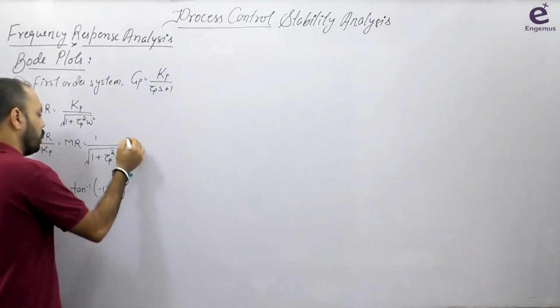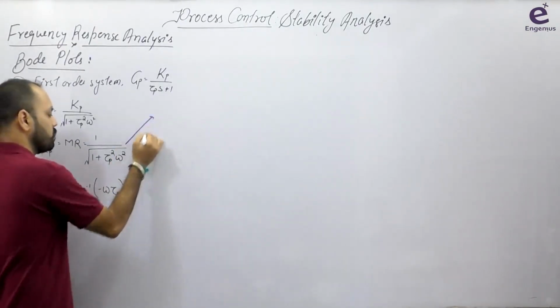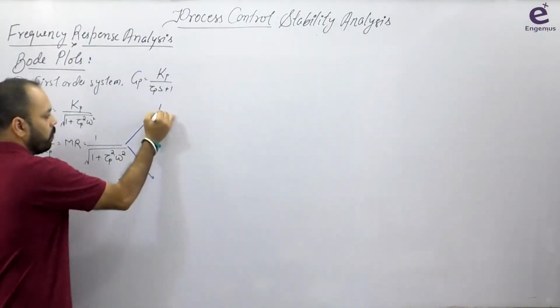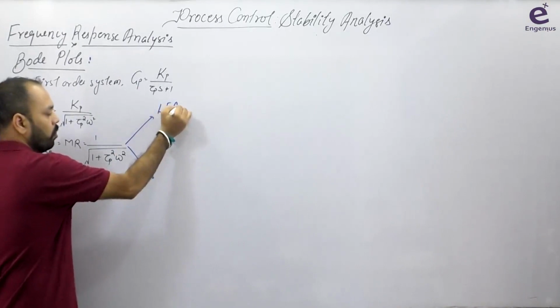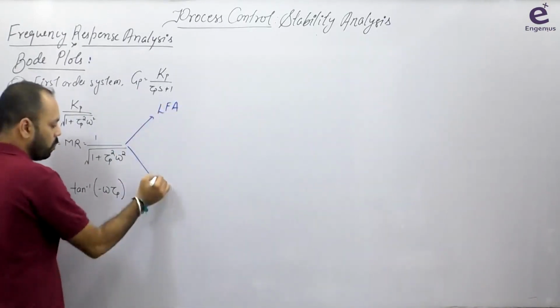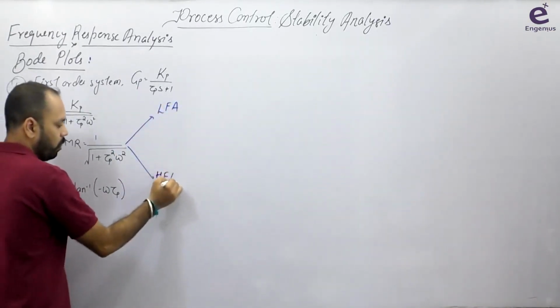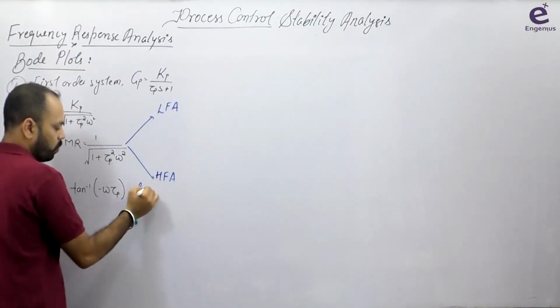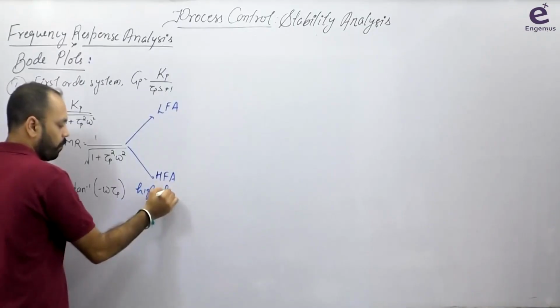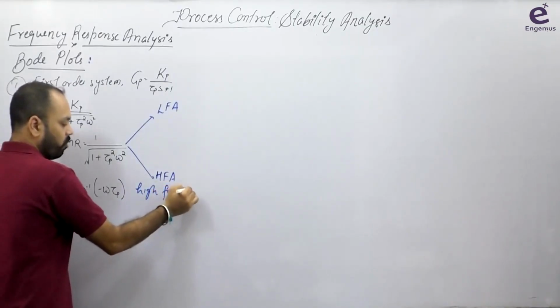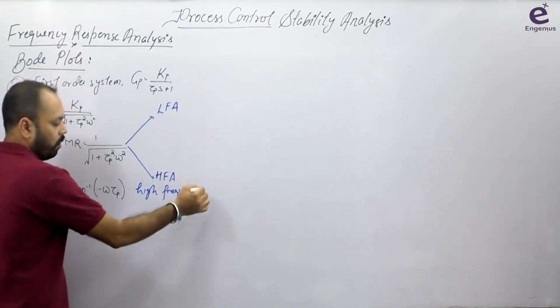In this MR calculation, we have two cases. One is LFA, low frequency asymptote. The other is HFA, high frequency asymptote. What is the meaning of high frequency? Omega is high.